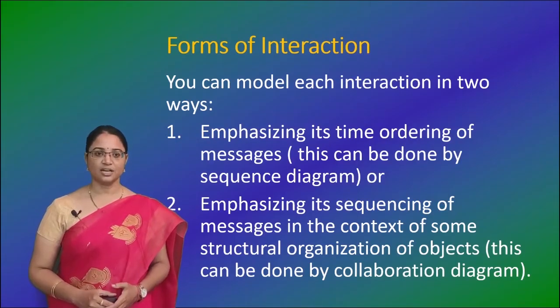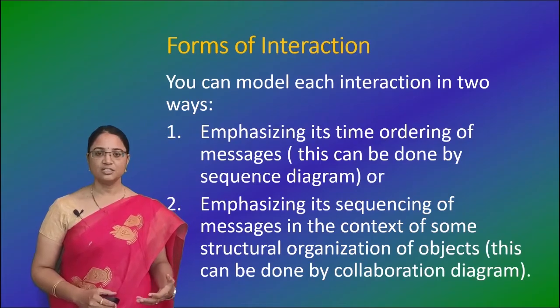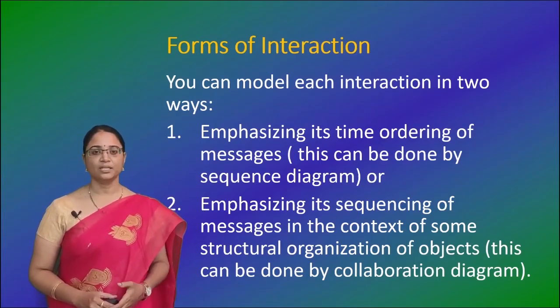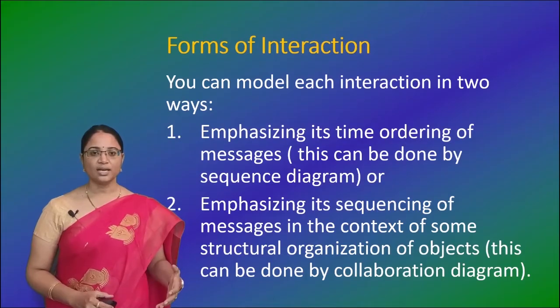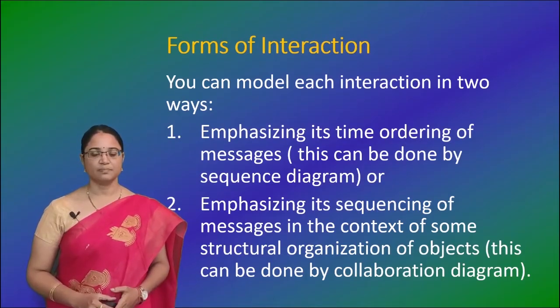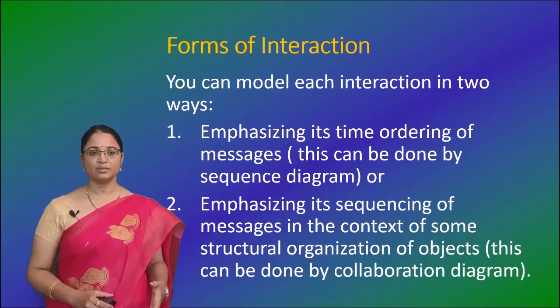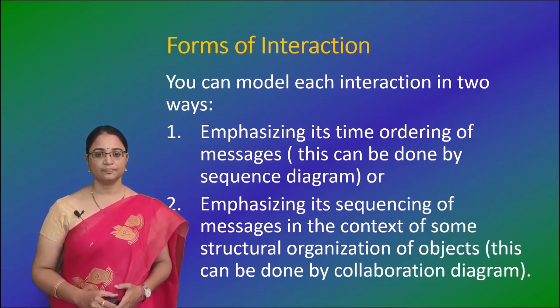Well-structured interactions are like well-structured algorithms that are efficient, simple, adaptable and understandable. In the UML, you model the static aspects of a system by using class diagrams, object diagrams, component diagrams and deployment diagrams.